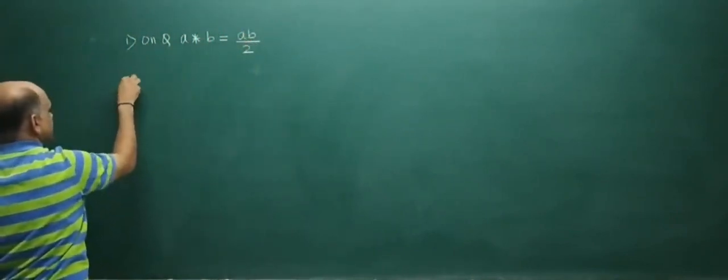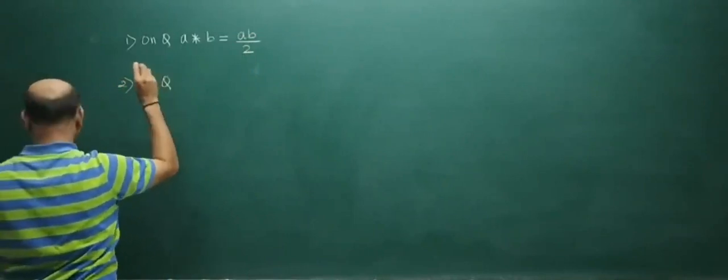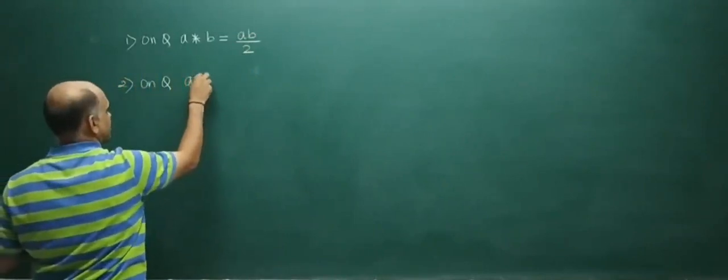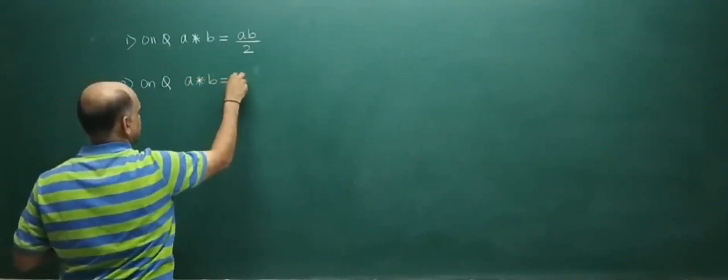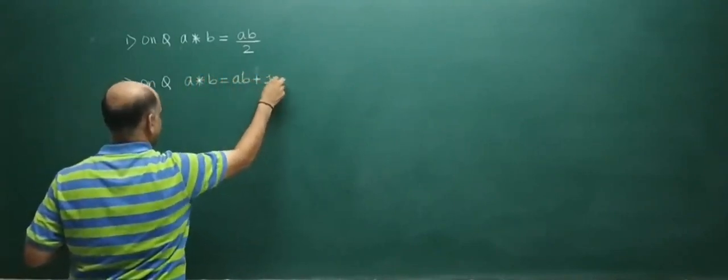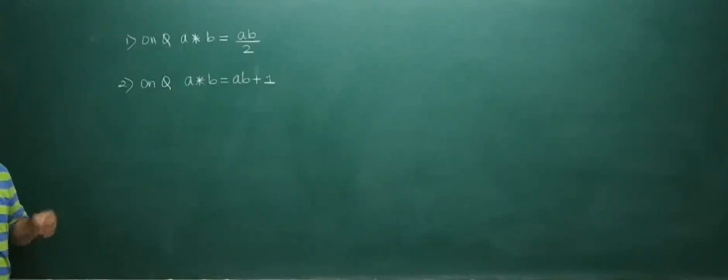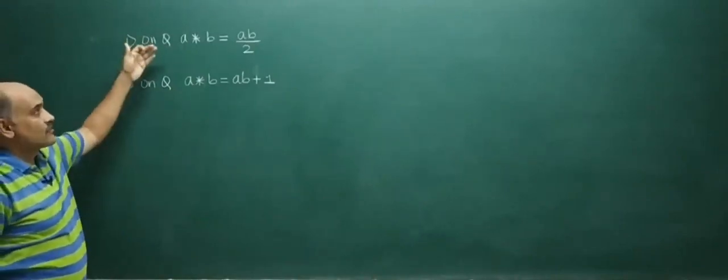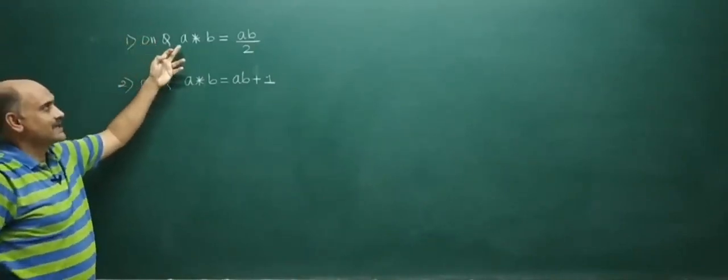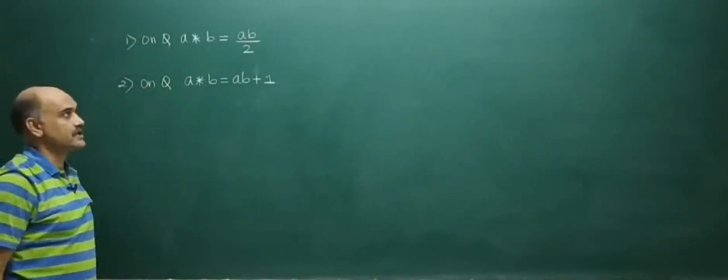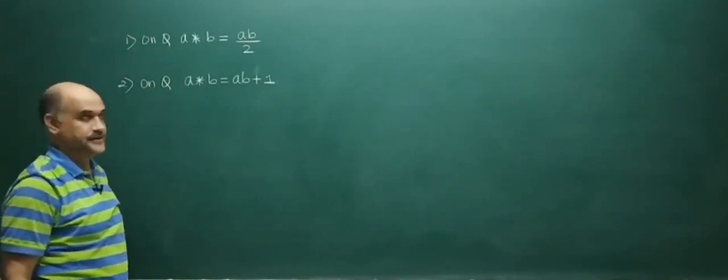And second, on Q, A star B is equal to AB plus 1. You are required to check whether the given binary operation is commutative and associative.